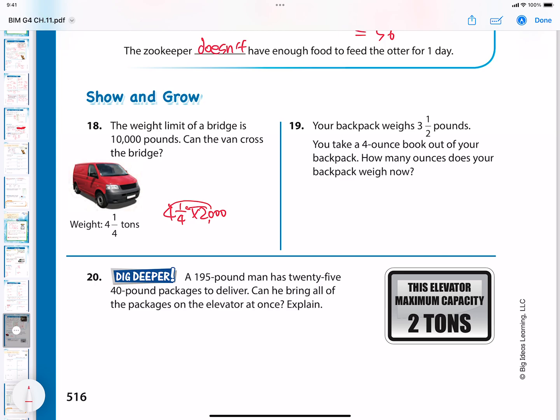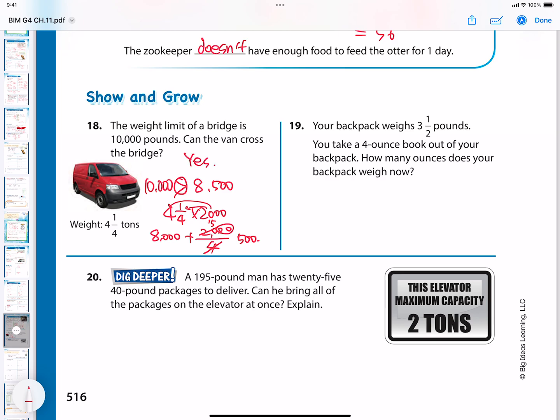Okay, here 4 times 2 is what? 8,000, right? Plus 2,000 over 4. Makes sense? And then 4 can fit into 20 by what? 5 times. And then I still have 2 more zeros, so 500. So the weight of this van is what? 8,500 compared to what? 10,000. So this van can cross it? Yes.